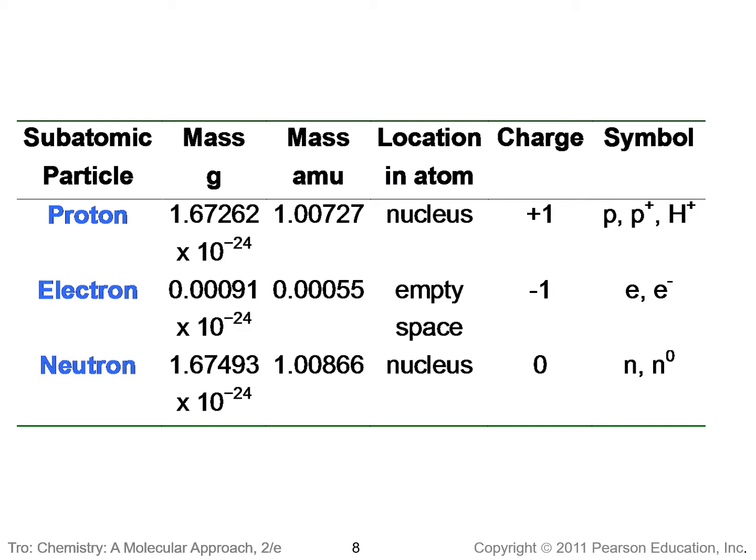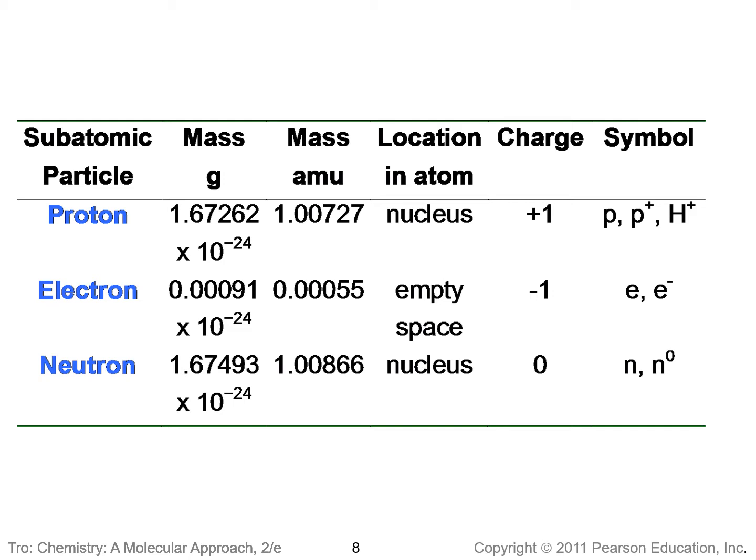We have electrons, which are negatively charged, and they have a much smaller mass than a proton, almost small enough that it becomes not significant to the mass of our atoms. We have neutrons, which are about 1 atomic mass unit.